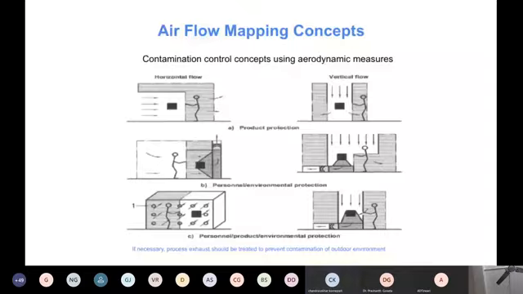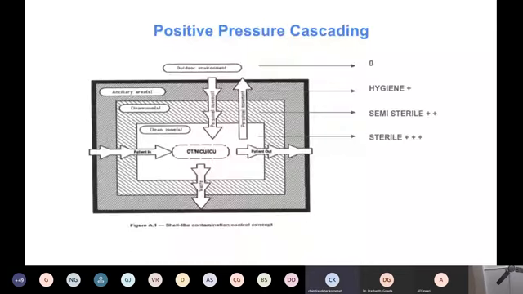Now, this positive pressure cascading exists in the major hospitals in terms of air. Initially, let's talk about the outdoor environment. Then when we enter in, it's called ancillary areas for us. Then it comes to my ancillary areas.